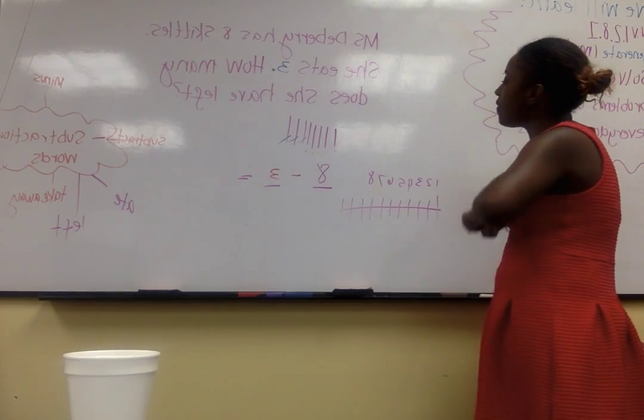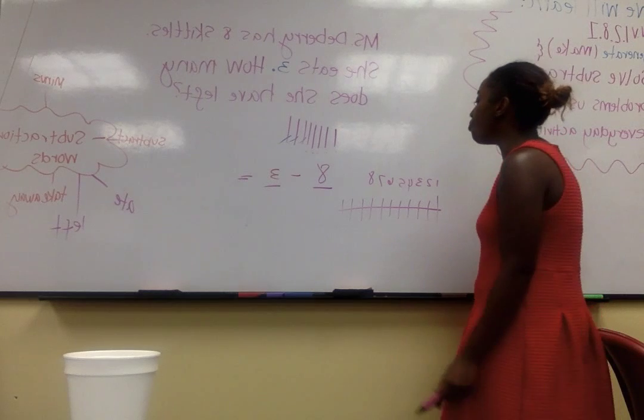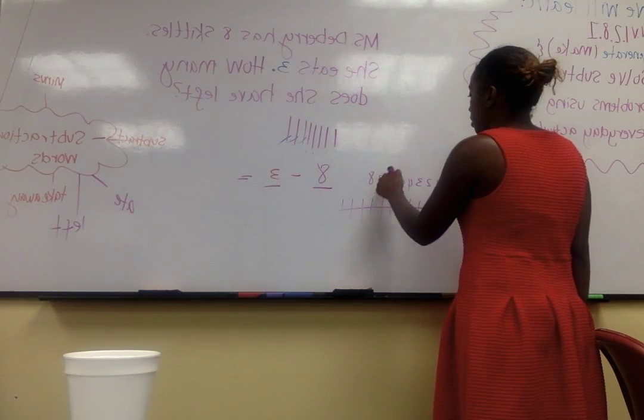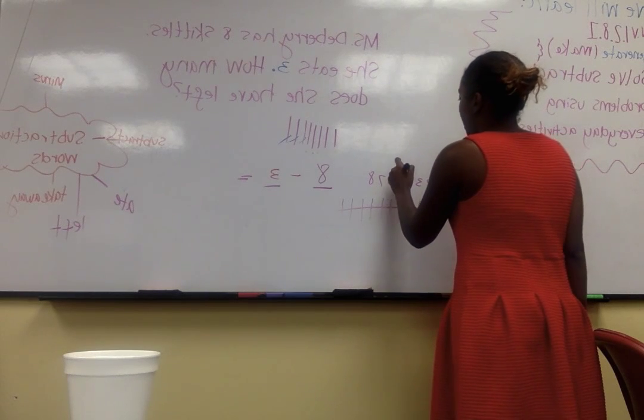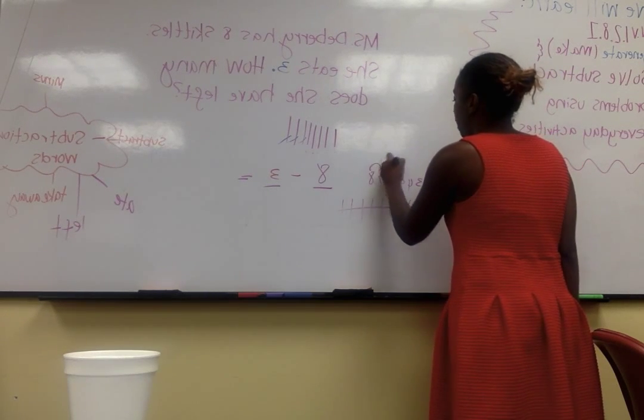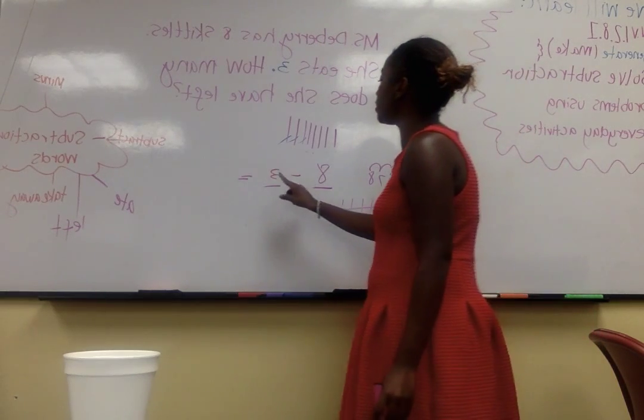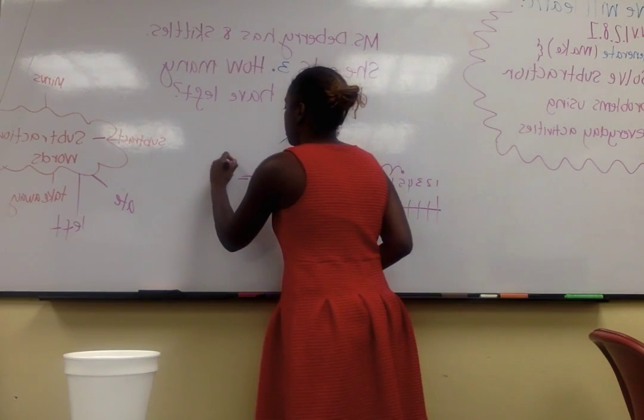Okay, so if I use my number line, I can go back 3 times. 1, 2, 3, and I will land on 5. So I know that 8 minus 3 is 5.